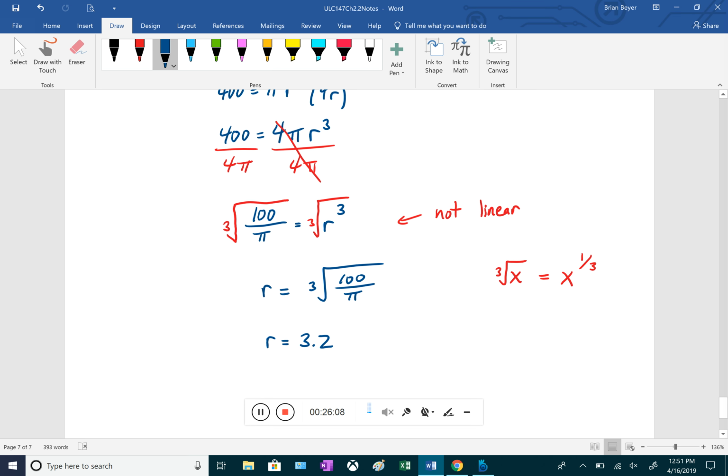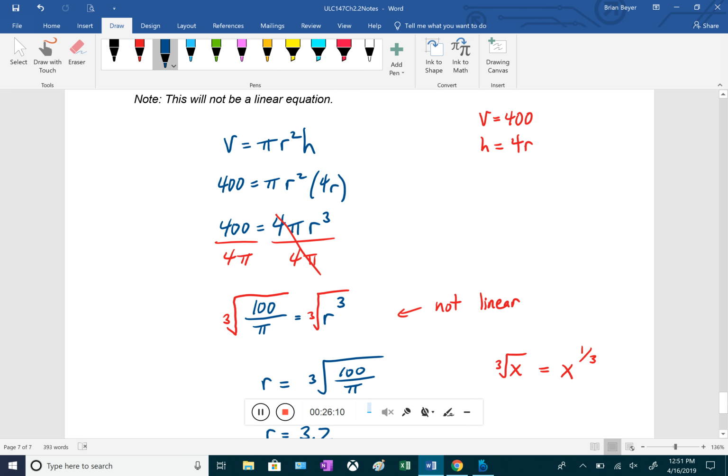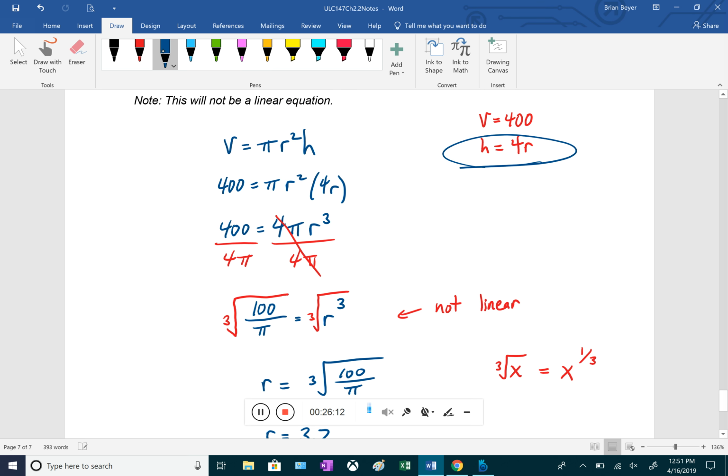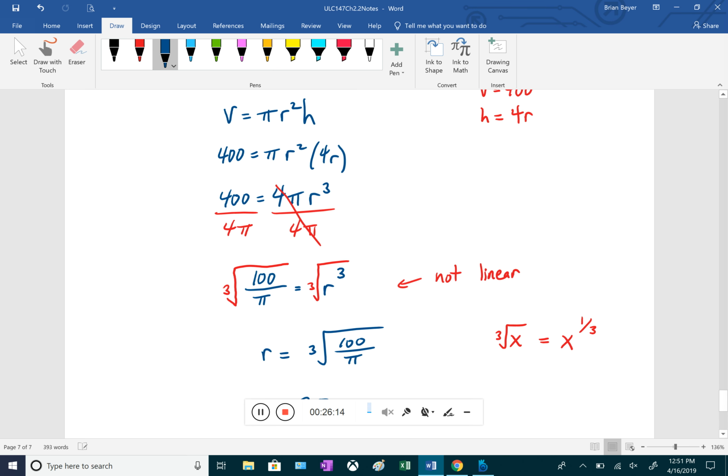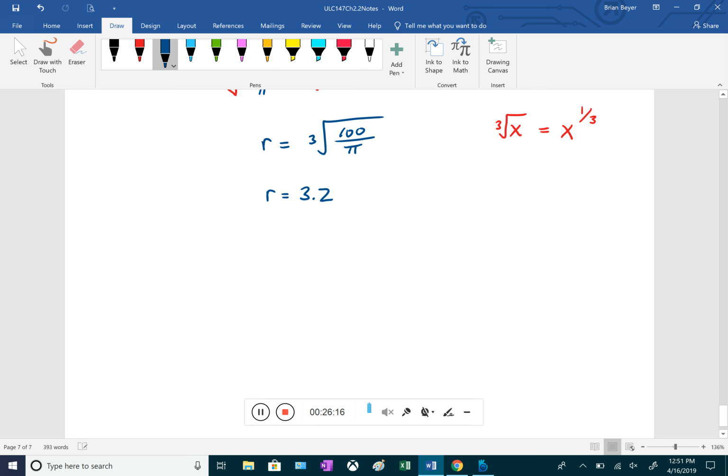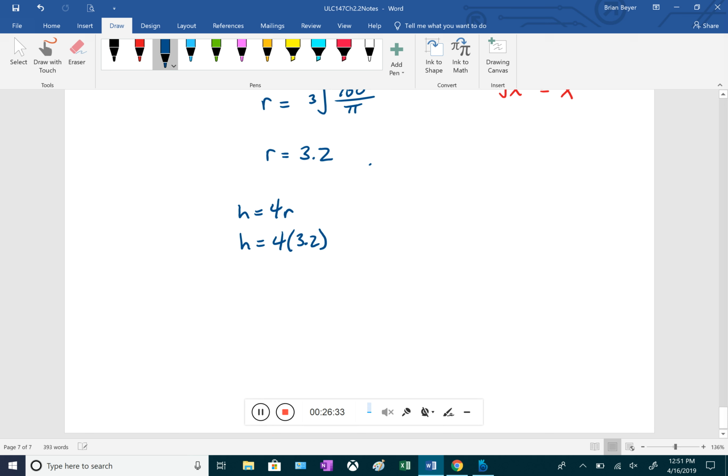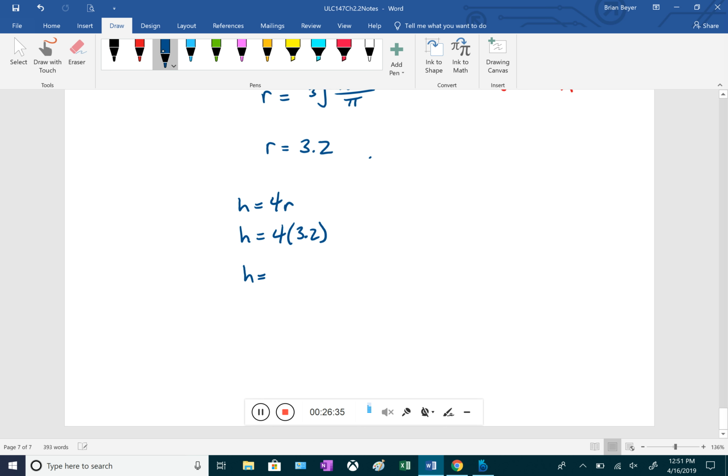Okay, so to find the height, we know the height is 4 times the radius. So h equals 4r. So h equals 4 times 3.2. So the height is going to be about 12.8.